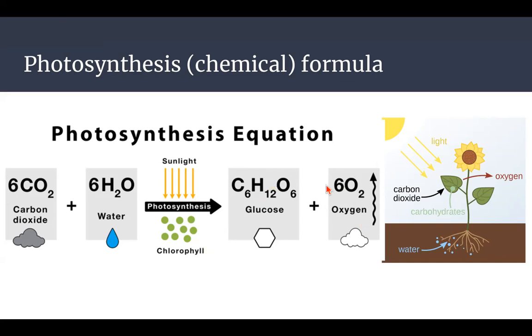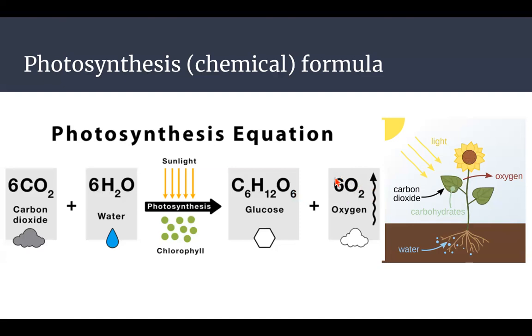On the right-hand side of the equation, we have glucose and oxygen. When we say the word chemical formula, we're referring to those that are written with the symbols. So 6CO2 plus 6H2O gives C6H12O6 plus 6 oxygens, or 6O2.